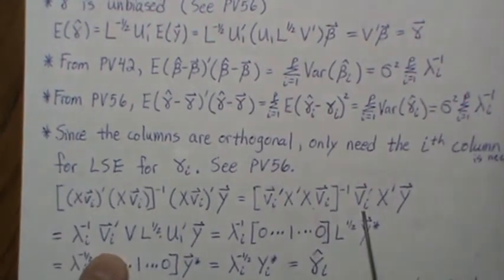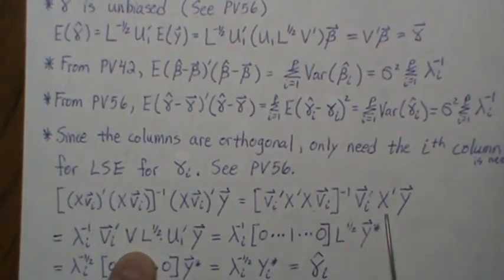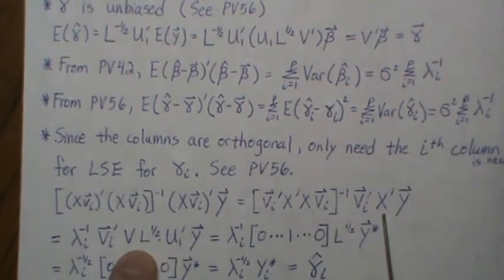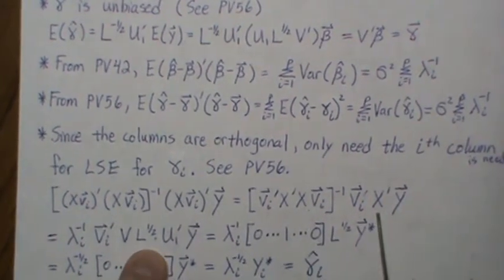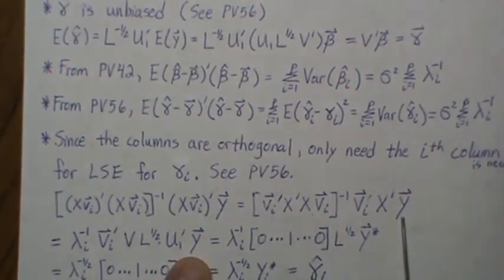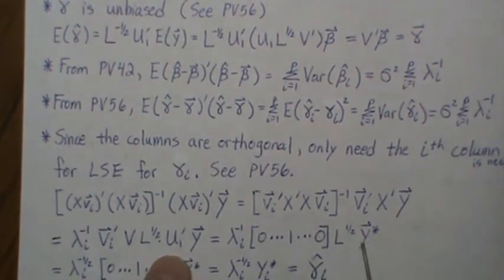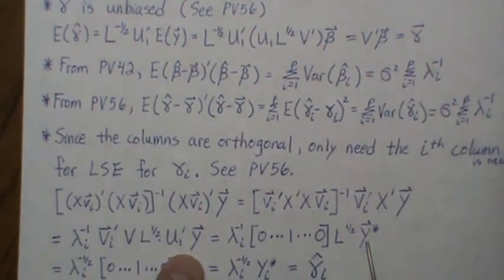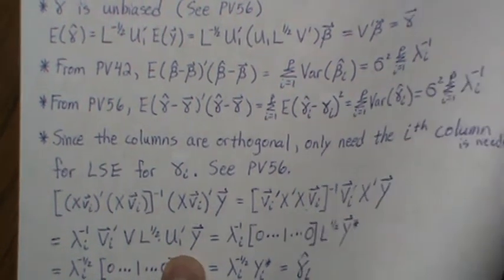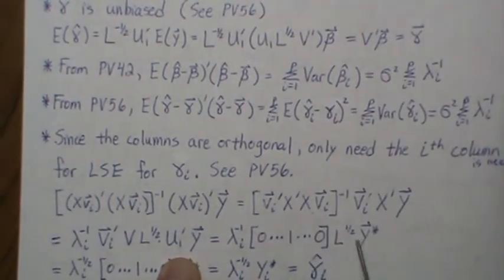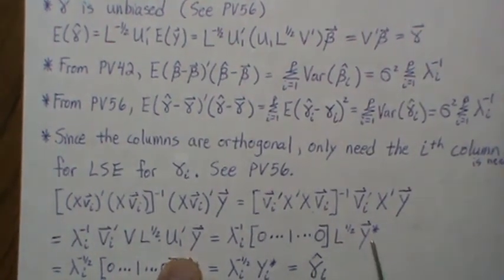So over here we get VI, and then X, we write it in the singular value decomposition form, transposed, and then we have Y. Now, here U1 prime Y, we've called it Y star. And actually this Y star now, I wish I wouldn't have done it on page 1. This is different than the original Y star.